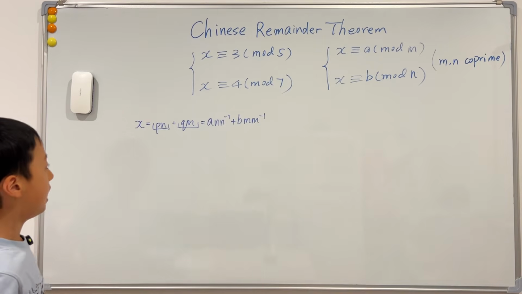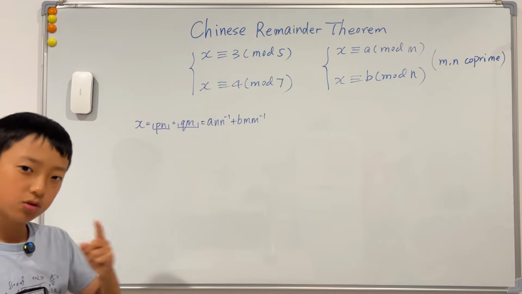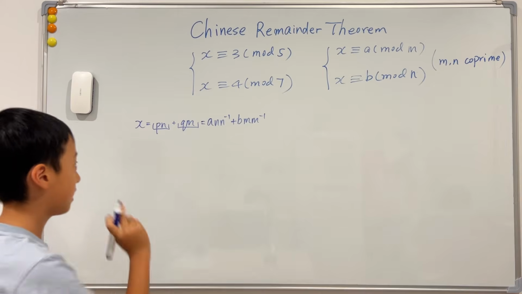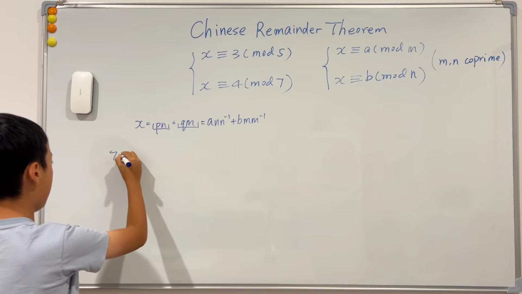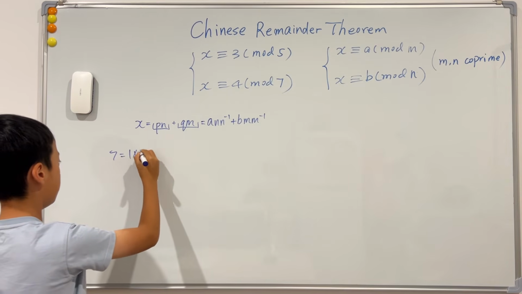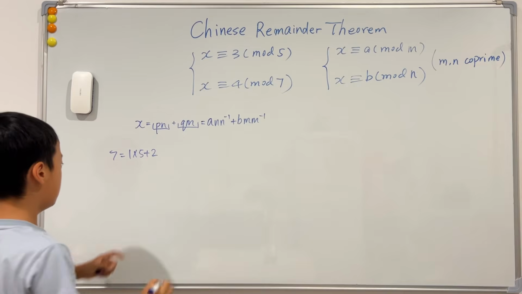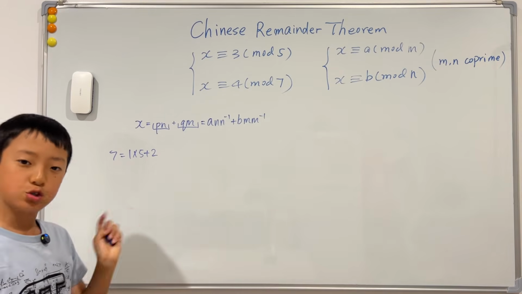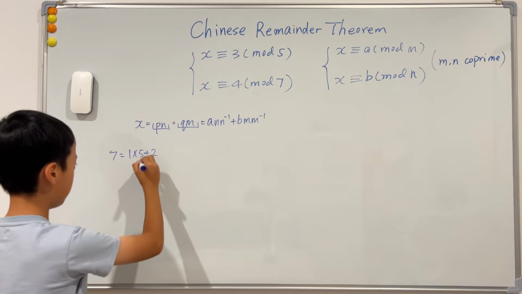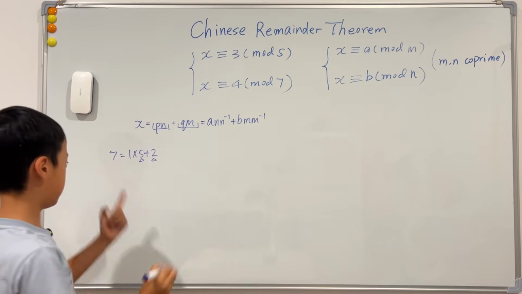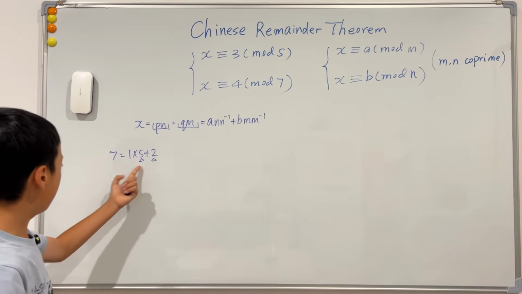Okay, so how do we do that? Well, if you remember, the Euclid's algorithm goes like this. We write 7 as 1 times 5 plus 2. 1 is the quotient and 2 is the remainder. So we now have 2 focus numbers. And do you see a 1?